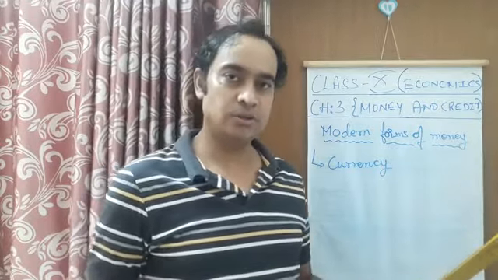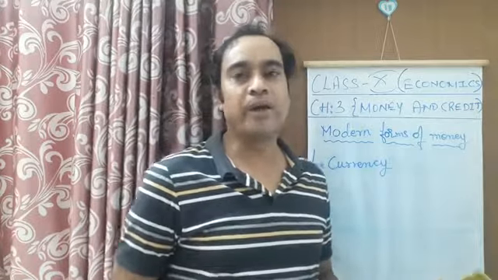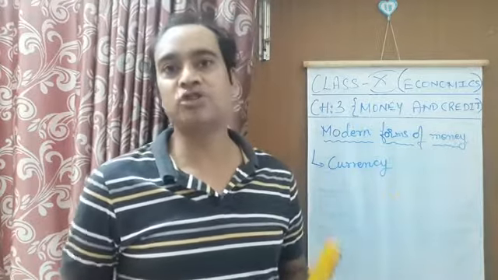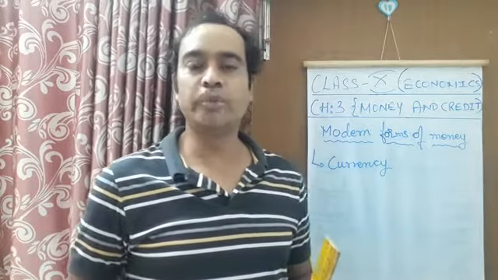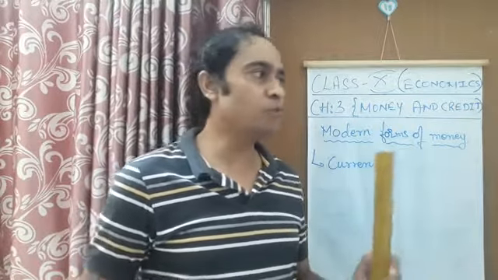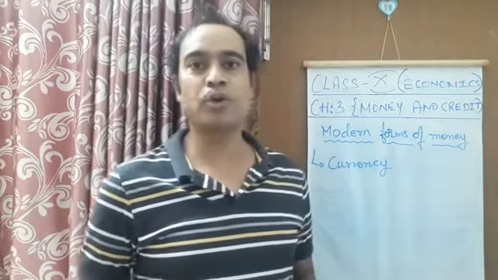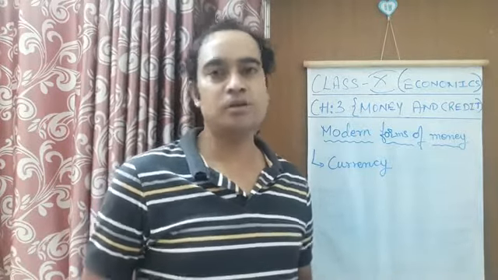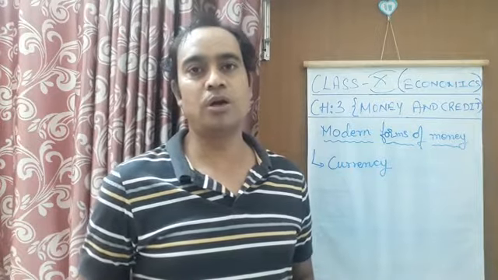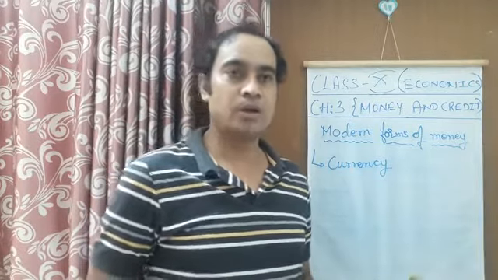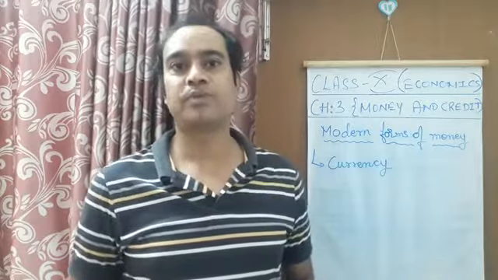Are you understanding? And in the similar way, one small piece of paper was used to be called as money. Whatever amount was printed on that piece of paper, that amount was to be called as the money or paper currency for that region.